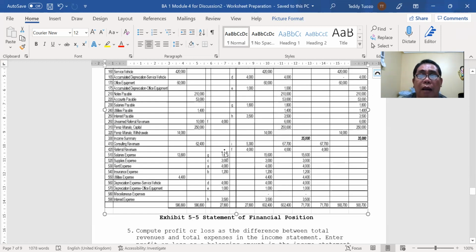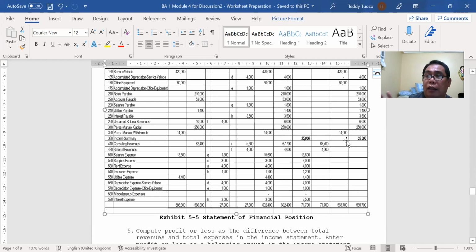Take note that the income summary, if it is a debit in the statement of income, should be the opposite when forwarded to the statement of financial position. If it is a debit in the statement of income, we put it as a credit in the statement of financial position.